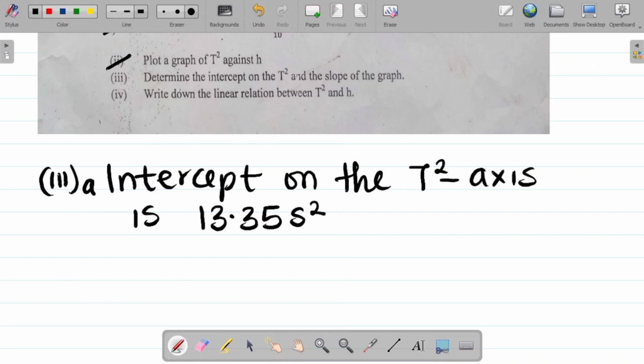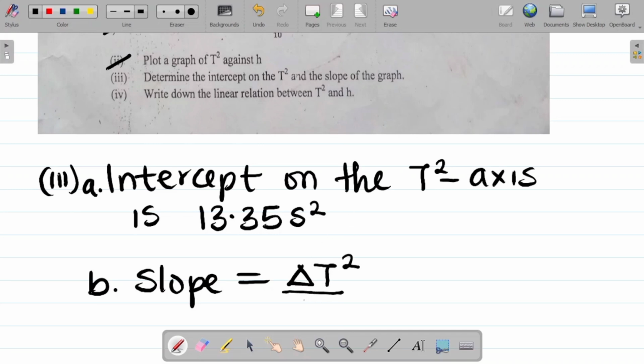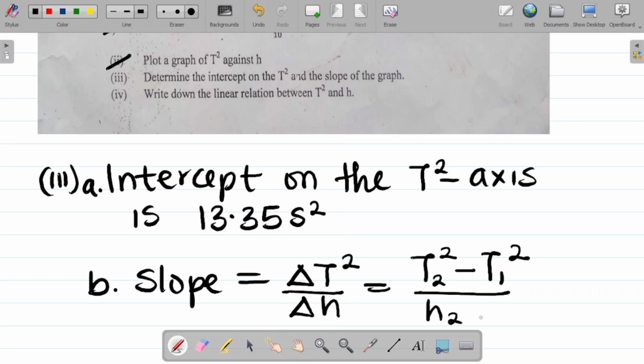So this is the A part. The B part, we have to find the slope. Of course, slope will be equal to change in the parameter on the vertical axis, which is t squared, all over change in the parameter on the horizontal axis, which is h. And that's equal to t2 squared minus t1 squared all over h2 minus h1.